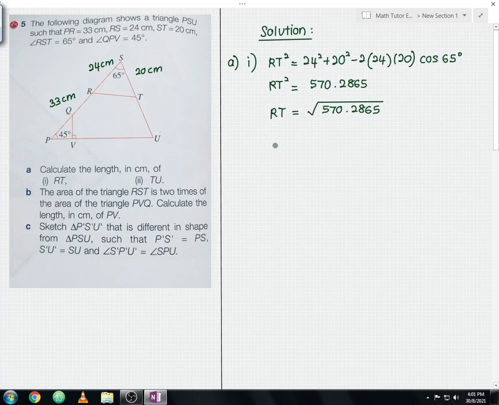Okay, so you solve this. So from here you get the length of RT is equal to 23.88 centimeter. Okay, so this is your answer for the question A part 1. So let me underline the solution.